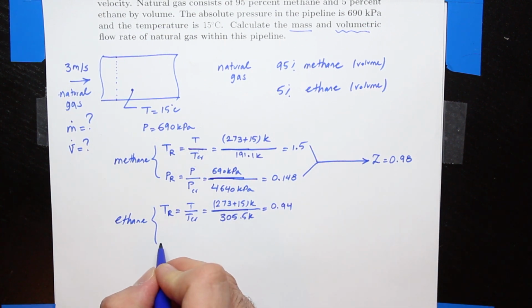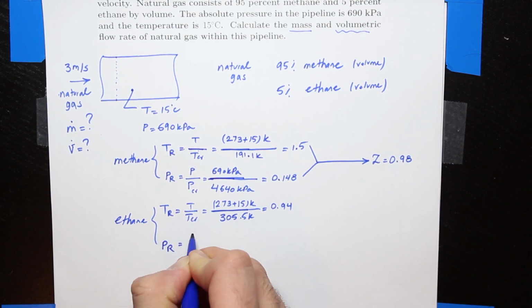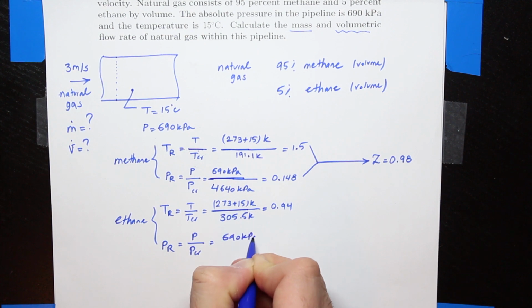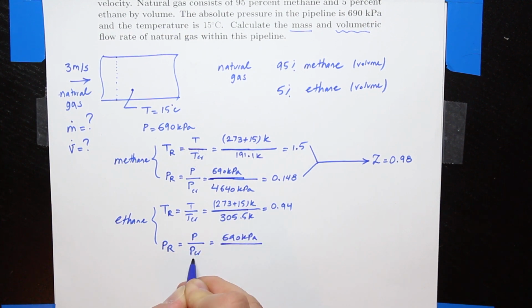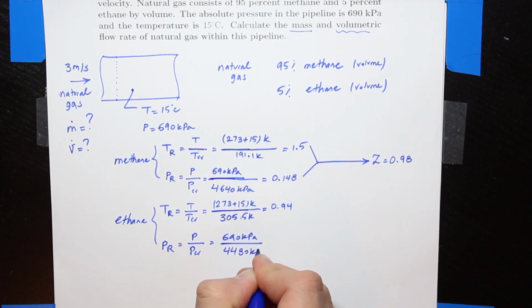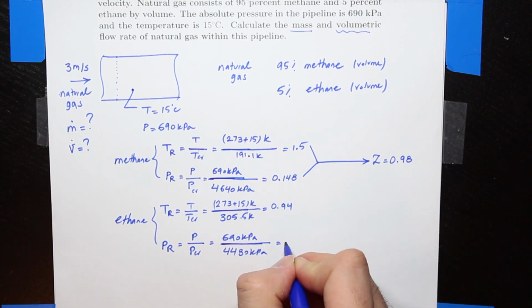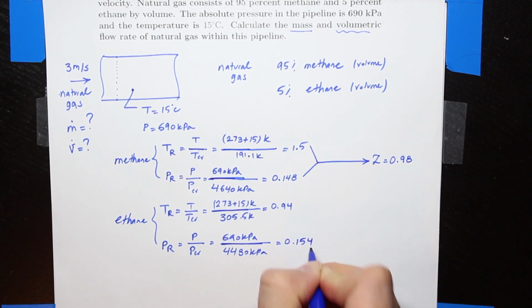You do the same thing for the reduced pressure, and the critical pressure comes from the table for this particular gas. Converting to kPa, it's going to be 4480 kPa, and that ratio is 0.154.